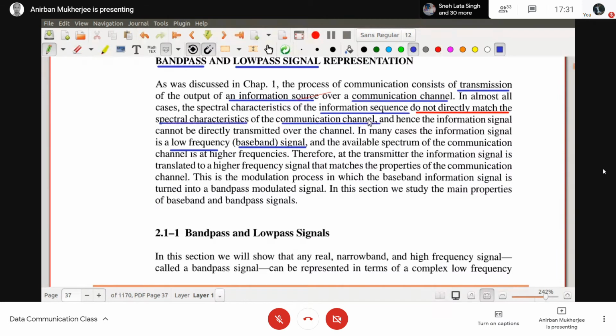That means the source has some information in a frequency range of, say, 0 to 100 Hz.